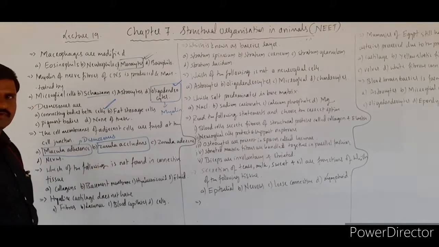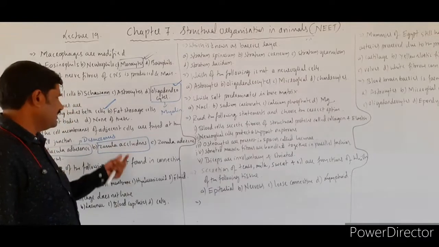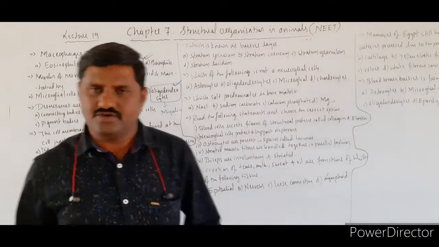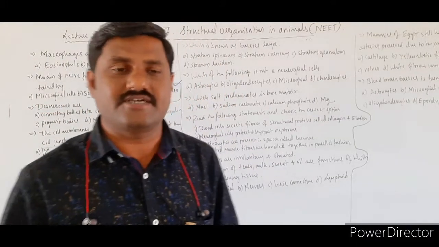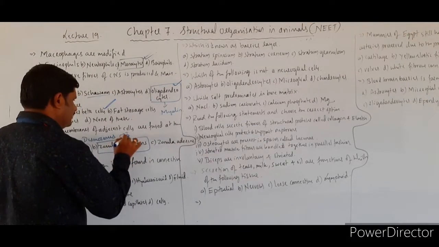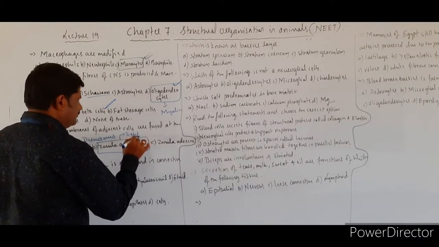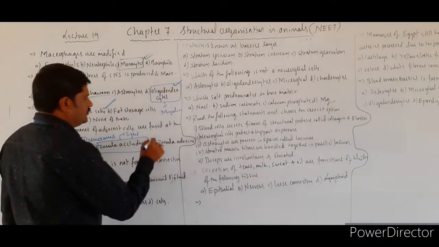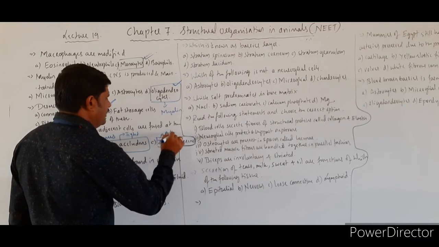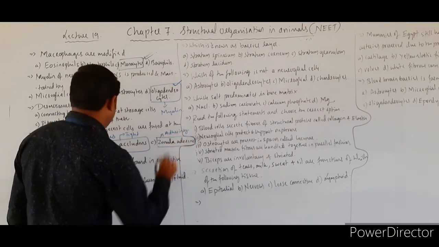And zonula occludens. What is this zonula occludens? This is also one kind of cellular junction. They are nothing but tight junctions. And zonula adherens, these are adhering junctions.